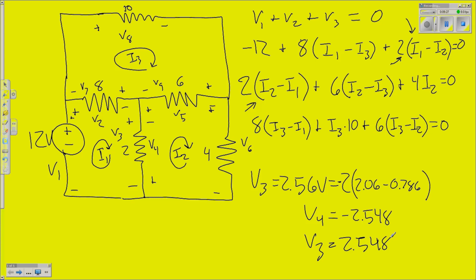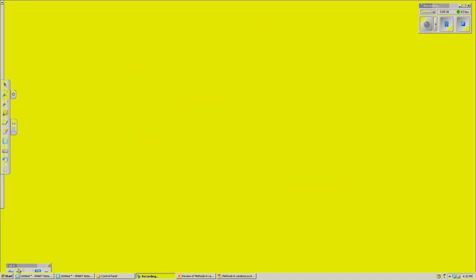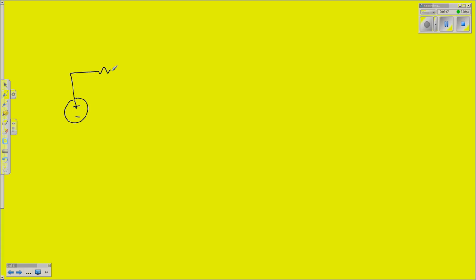Let's try another example. Now in this case, we're going to have a voltage source, like we did with our node voltage, where we had to use a supernode. So in this case, we have an 8 ohm resistor here. We'll replace the 10 ohm resistor with a voltage source.